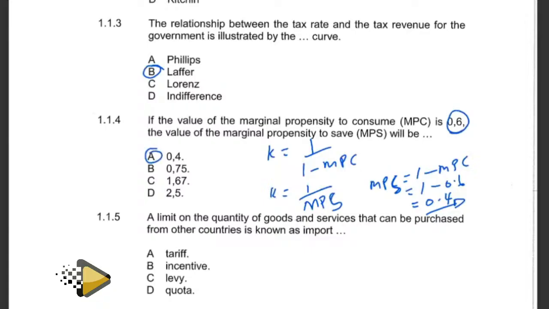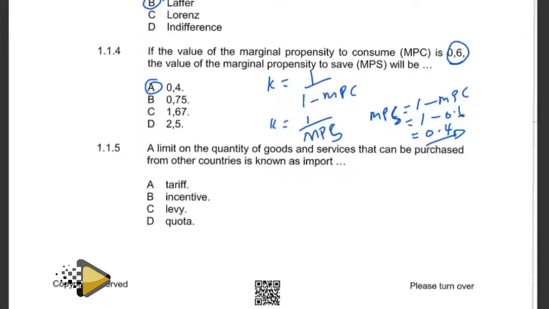Okay, right, grade 12s. So now moving on to the next question, we have 1.1.5, and 1.1.5 reads as follows. A limit on the quantity of goods and services that can be purchased from other countries is known as import dash. If you still remember, in a previous lesson, I did explain a different set of concepts. For a typical example, a tariff is nothing but a certain tax that should always be paid to the government.